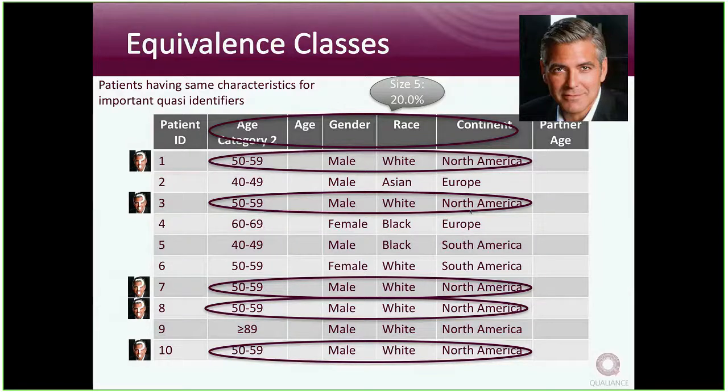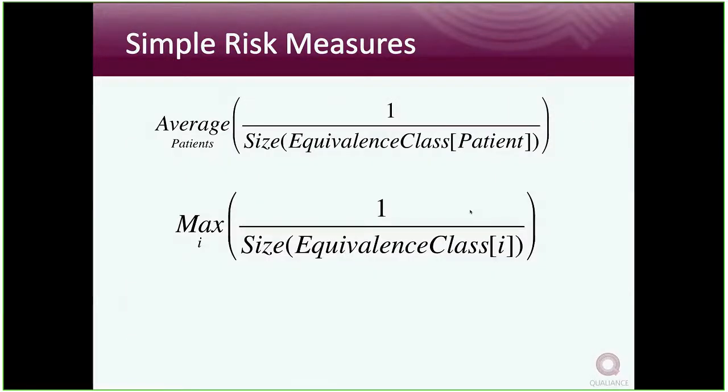And this will lead to computing some risk measures. The two, you could say, most common ones listed in the literature are the average risk, which will be the average risk across all the patients, and then the second one is the maximum risk, which is 1 divided by the minimum occurrence class size.